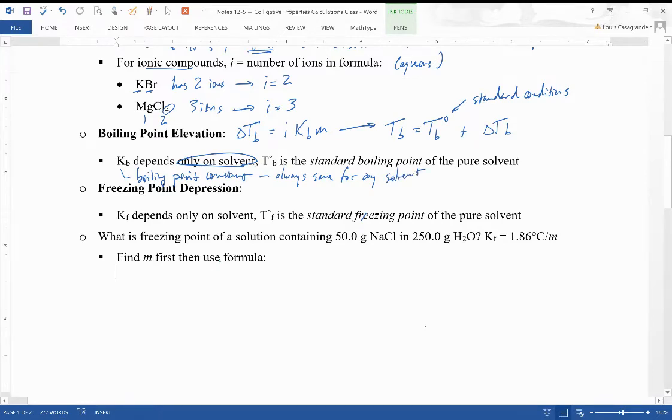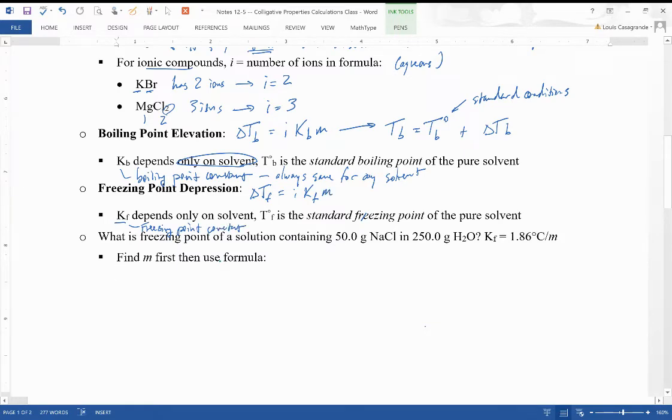Freezing point depression is a similar calculation, except now we're going to call it delta T_F, and that's going to equal i times K_F, K_F being the freezing point constant, and again, we're multiplying by molality.